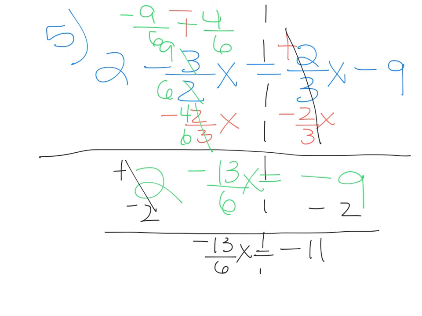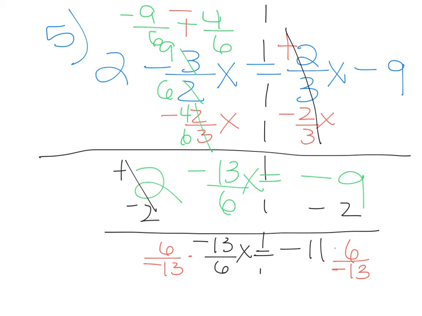So we have -13/6 x equals -11. So again, the only thing that makes this problem pretty ugly is the denominators that aren't the same. So what are we going to do now? Get rid of the fraction by multiplying by the reciprocal, 6 over -13 on both sides.